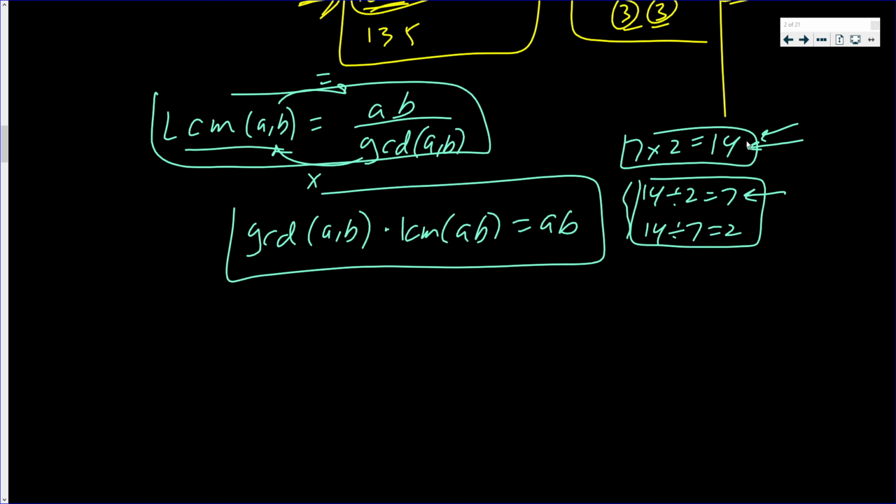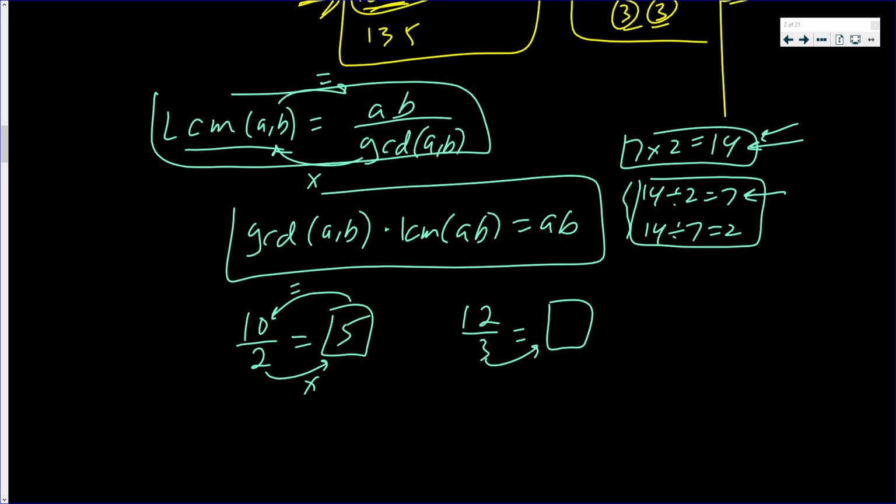If somebody asked me what 10 divided by 2 is, and maybe I'm extremely tired, I would ask myself, 2 times what is equal to 10? And I'll say 5, and there's my answer. If somebody asked me what 12 divided by 3 is, 3 times 4 is 12.